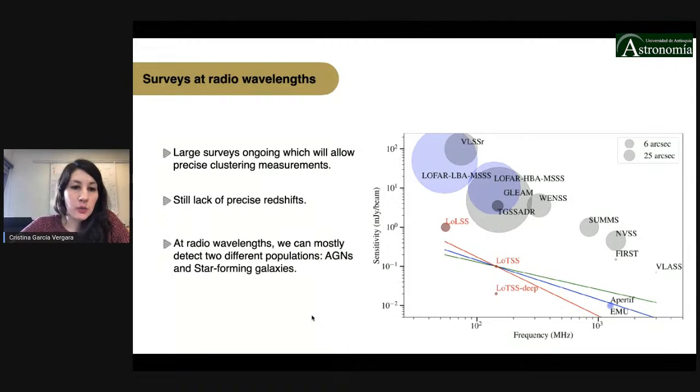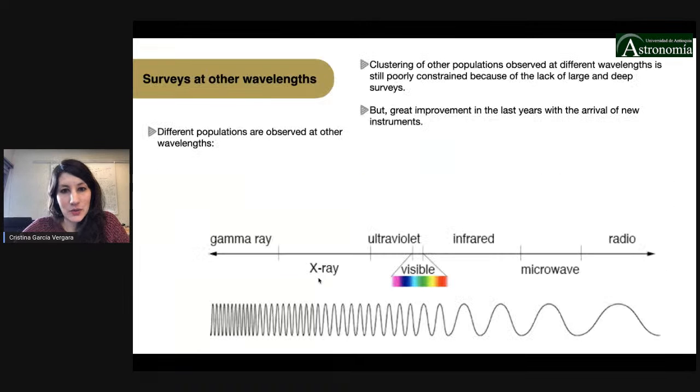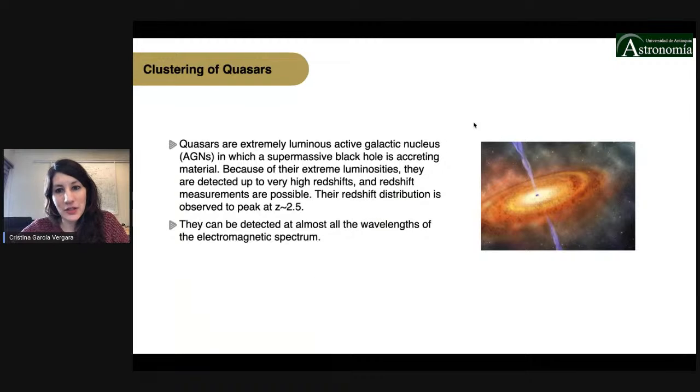When we observe at radio wavelengths, we are mostly detecting two different populations, basically AGNs and star-forming galaxies. I guess most of you know what AGNs are. Otherwise, well, I can show you this here. I already explained what a quasar is. A quasar is one type of AGN, but the AGN population is larger than just quasars.